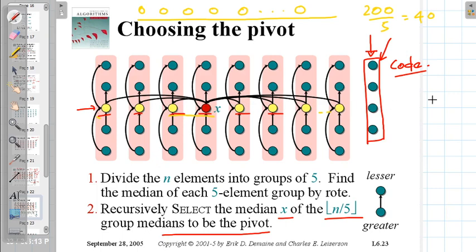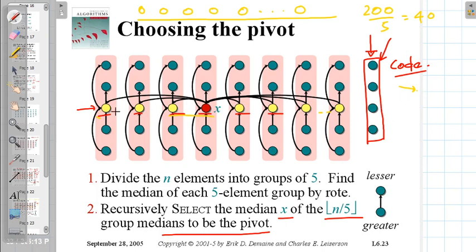Then we again divide it into groups of 5, and then we can have a trivial list, and by insertion sorting we can find out the median of medians of that.